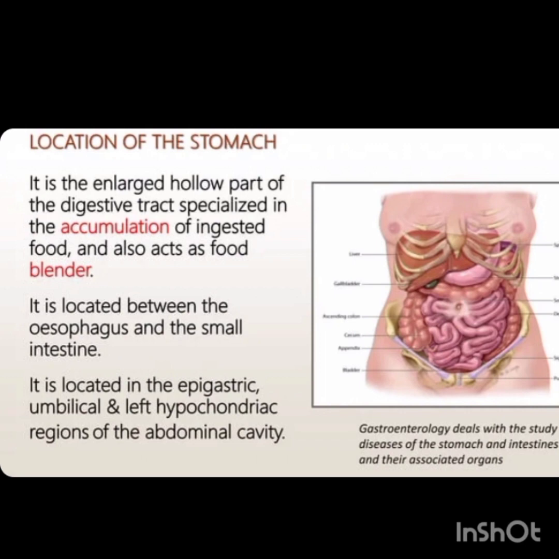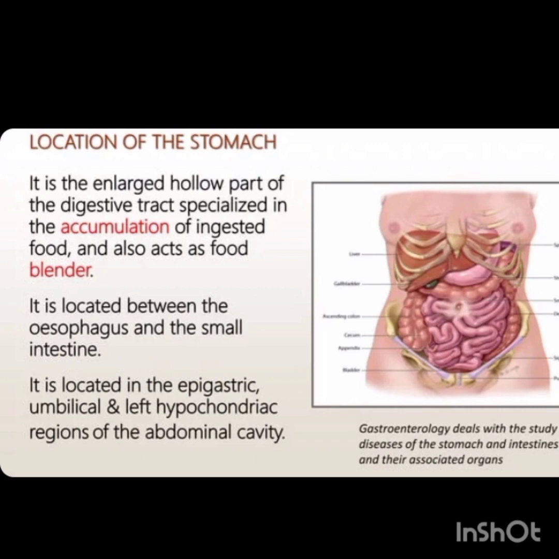So what is the specialization of the stomach? Its importance is to accumulate the food, to store the food, and to take part in the digestion, or otherwise blending, of the food. It is located between the esophagus and the small intestine. Between the esophagus and the small intestine, the pouch-like stomach lies.